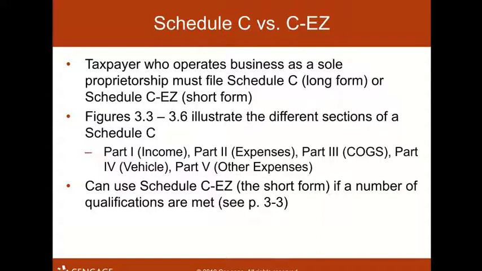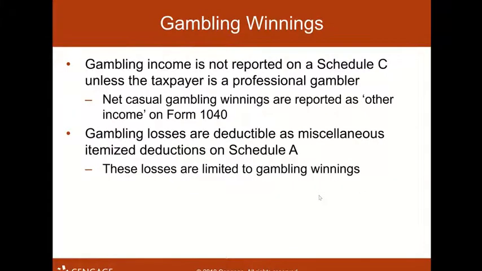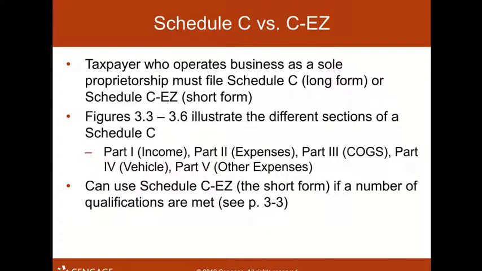Okay, and we saw the different sections here: income, expenses, cost of goods sold, vehicle, and other expenses. And we also saw the conditions that are required to use Schedule C or C-EZ.